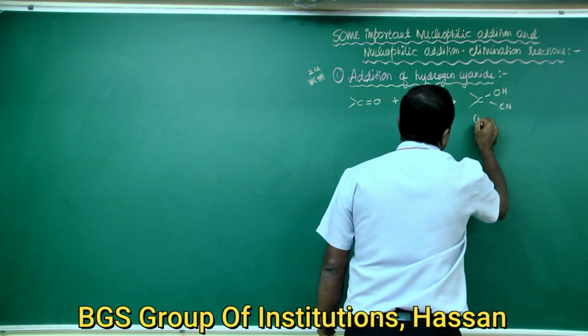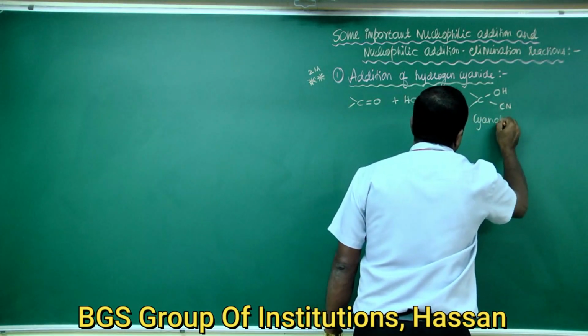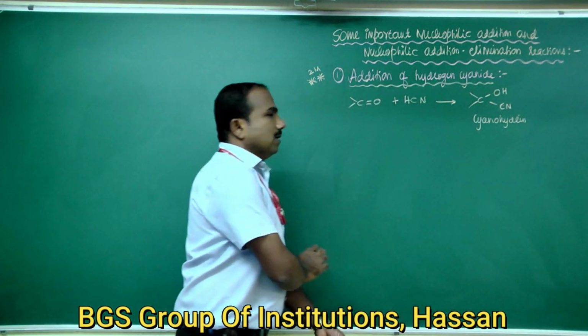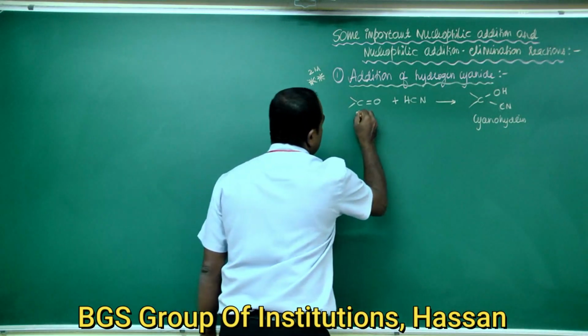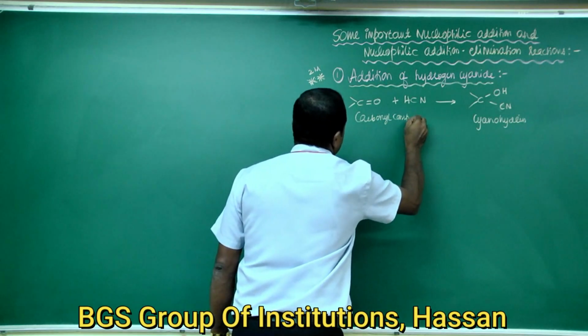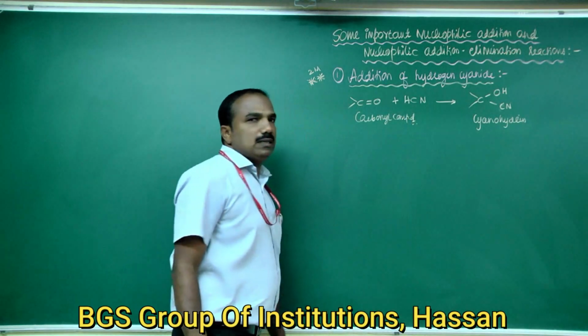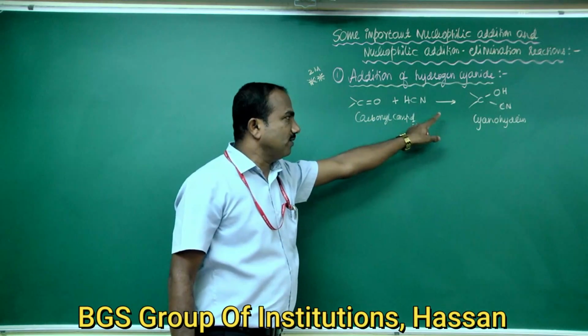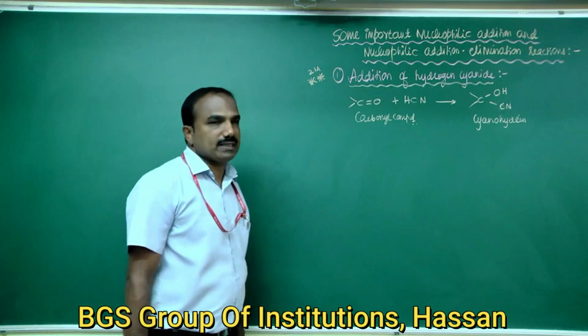This is cyanohydrin. So the carbonyl compound combines with, or adds, hydrogen cyanide to form the cyanohydrin.